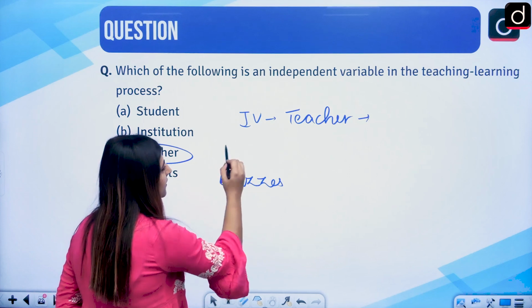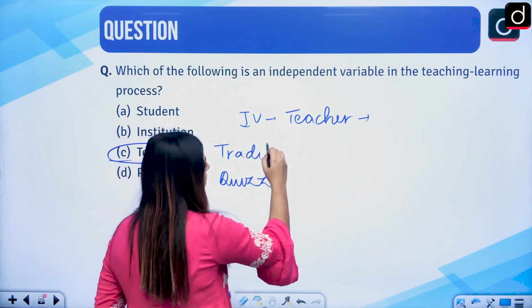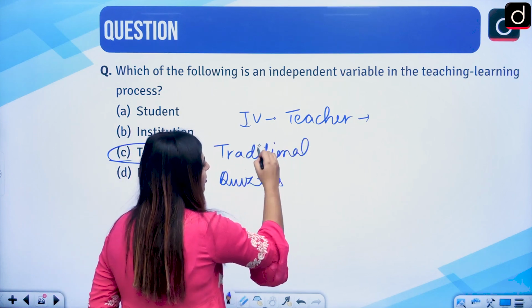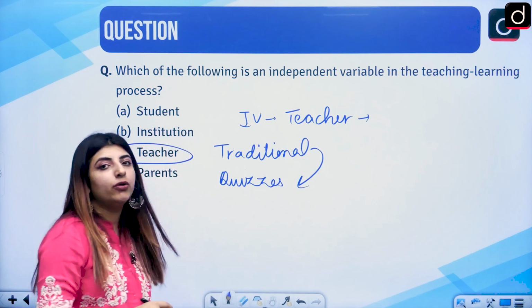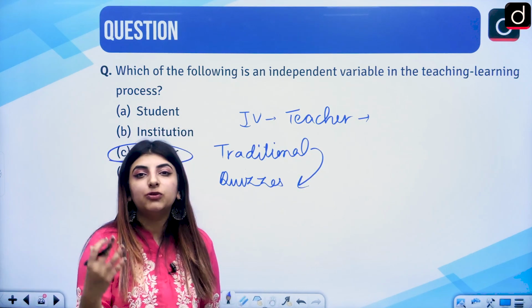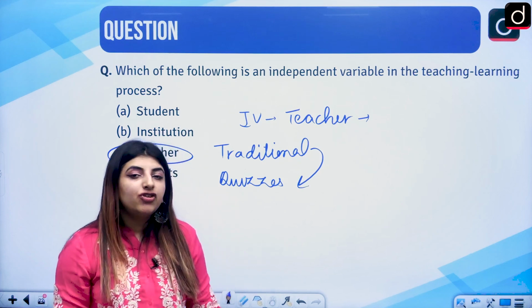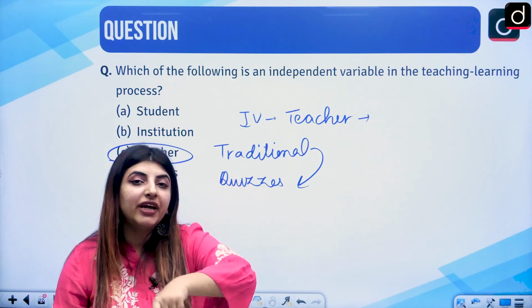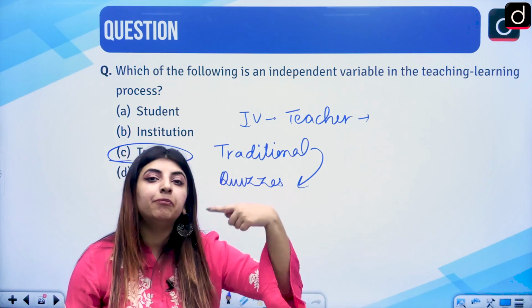Firstly, she used to just teach through the traditional method. So she changed her method from traditional to using quizzes in the classroom as well. And now she is able to see how the students' learning improved.